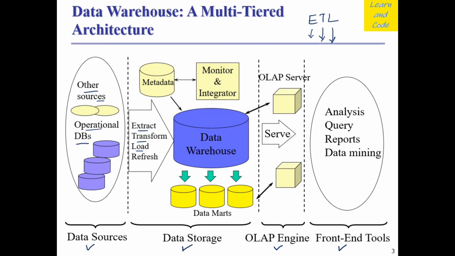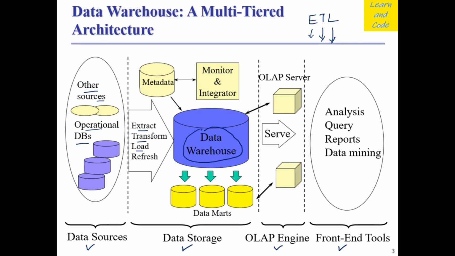Now, once the data has been loaded to the data warehouse, it is having all of the data, right? It might be possible that in a particular scenario we do not need the whole of the data. We might need a subset of the data available in the data warehouse as per our requirement.